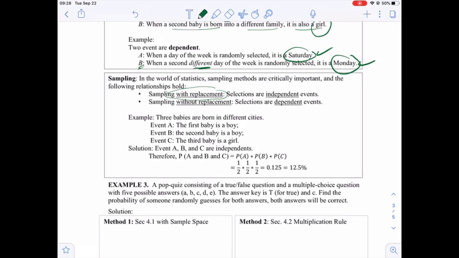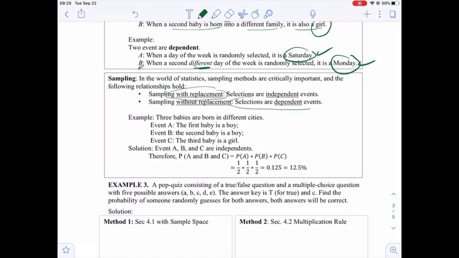So if that happened with replacement, selections are independent events. If the sampling happens without replacement, for example, you choose the first ball and it was red, and then you throw it away and you choose another ball, the probability of the other ball will be affected because we have a smaller set to consider, and the sample space will be reduced by 1, and that will affect the probability.